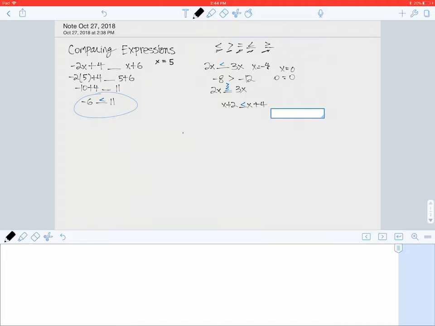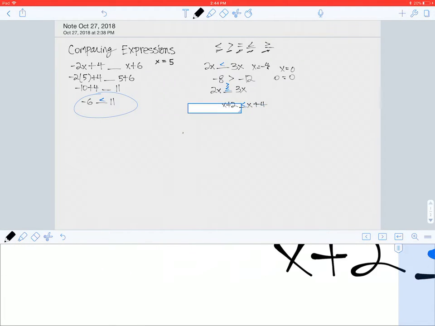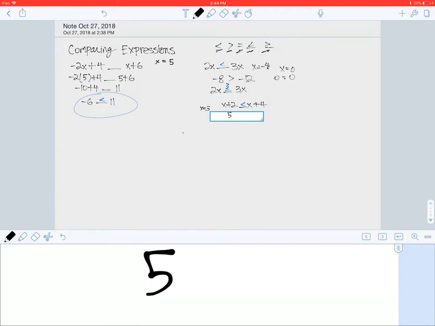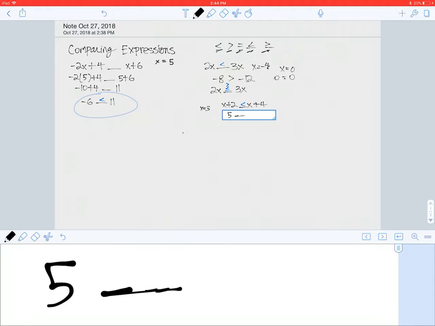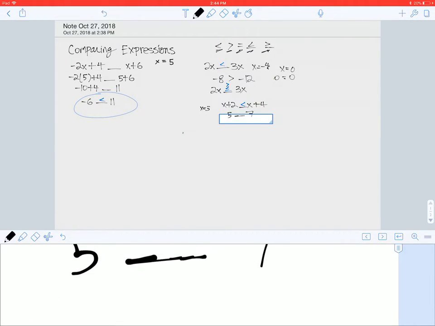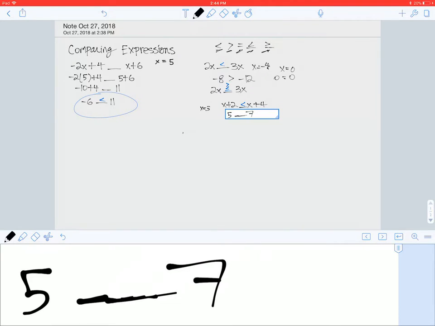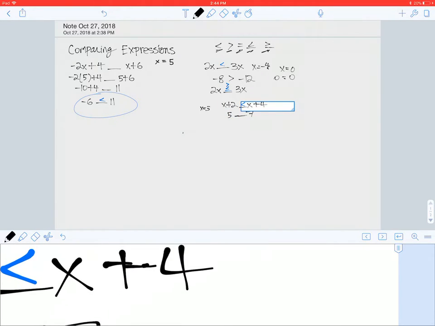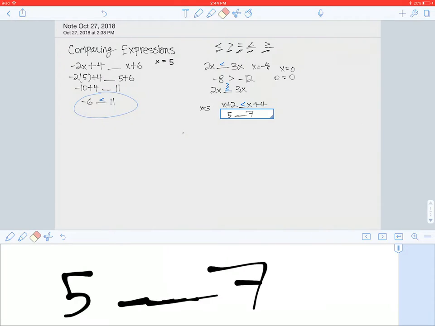For example, if x equals 3, then that would be 5, and that would be 7. If it's x plus 4, it's always going to be larger by at least 2, no matter what, because we're not multiplying by anything.